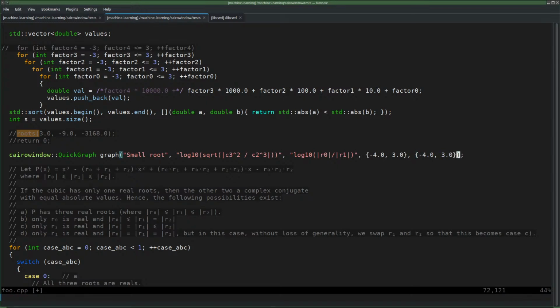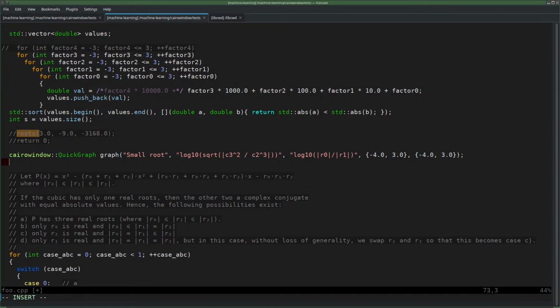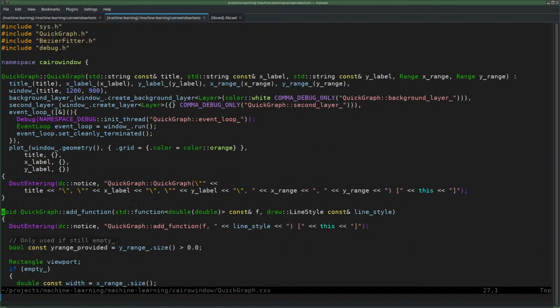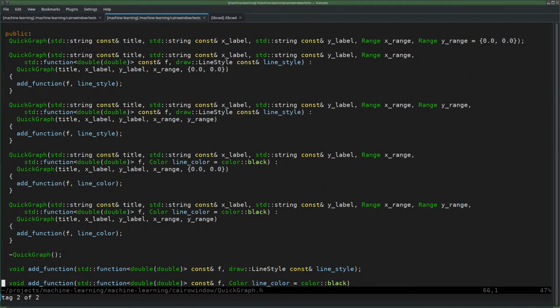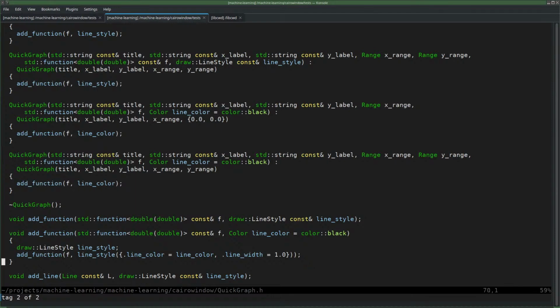And I think I have to add a function anyway. That's kind of silly. But I believe that is necessary. So the add function on the quick graph is requiring just a function.